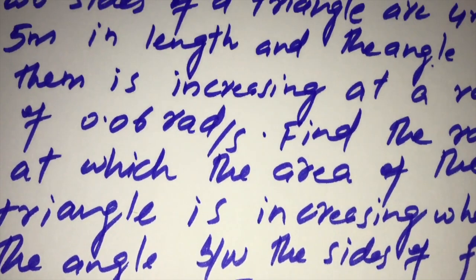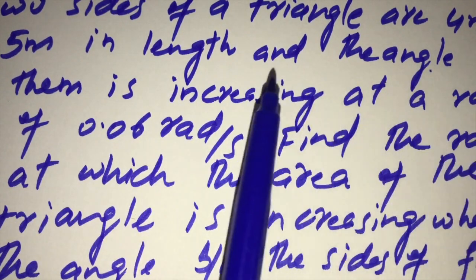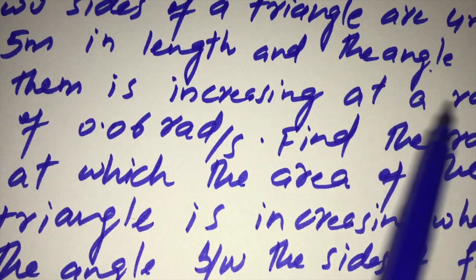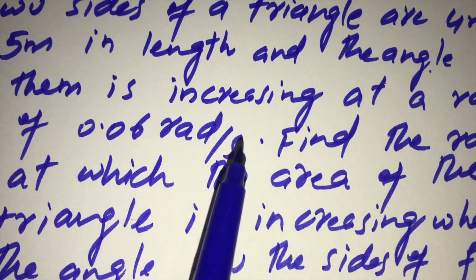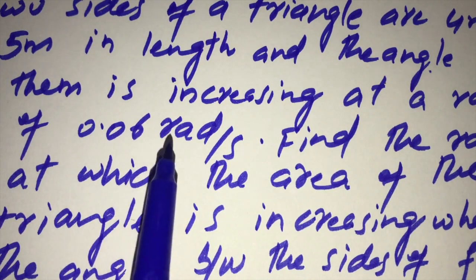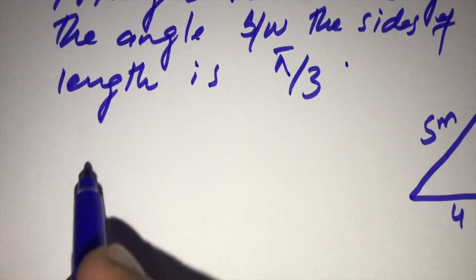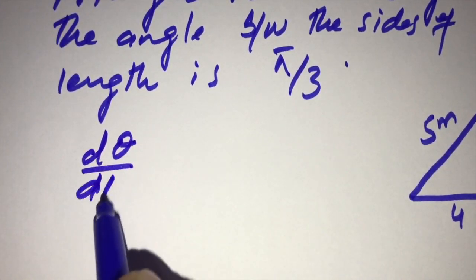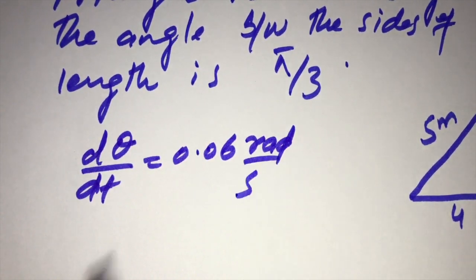And he also gave that the angle between them is increasing at the rate of 0.06 radian per second. So the angle d theta by dt is equal to 0.06 radian per second.